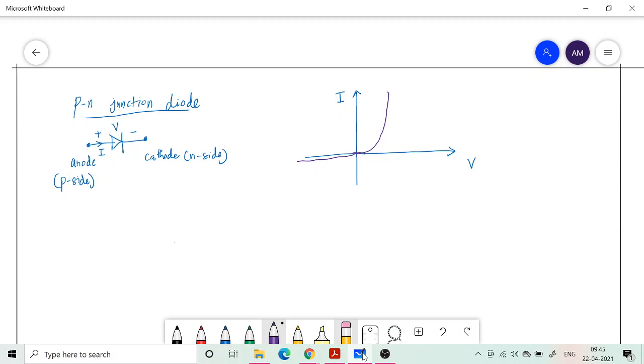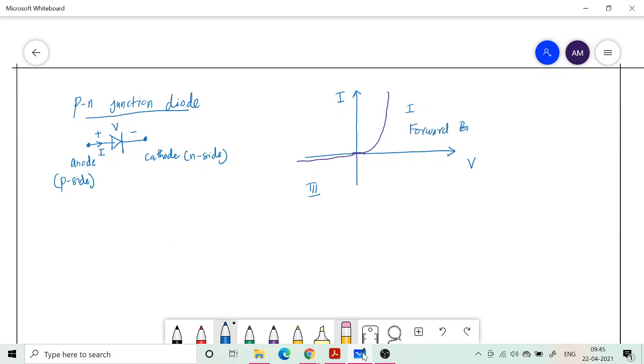Okay, so if you look at the characteristics, it is basically in two quadrants. One is the first quadrant. So this is the first quadrant. This is the first quadrant and this is the third quadrant. So the characteristic is either in the first quadrant or in the third quadrant, and the first quadrant corresponds to what is called as the forward bias.